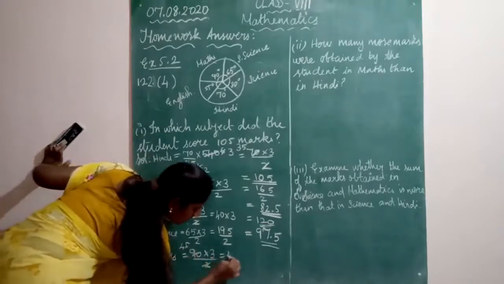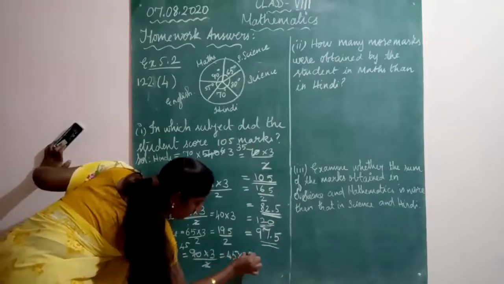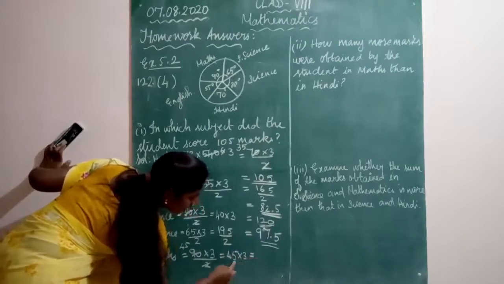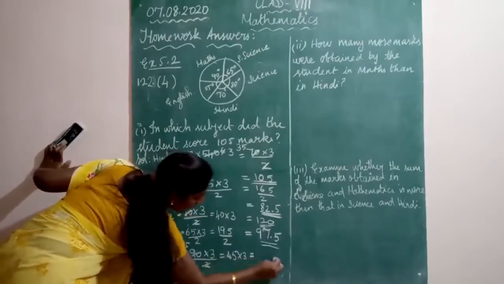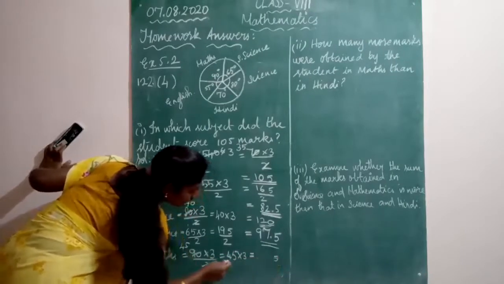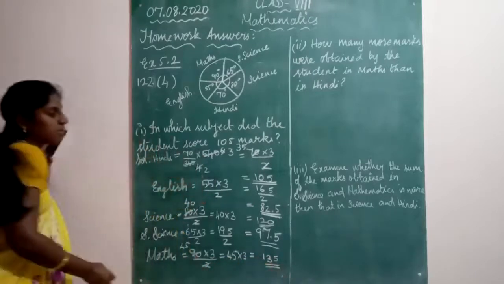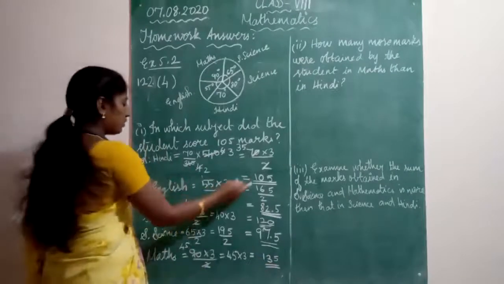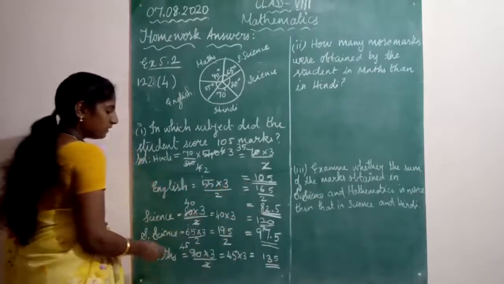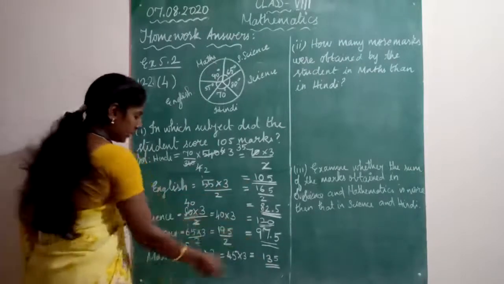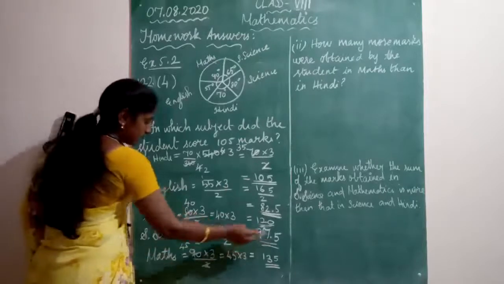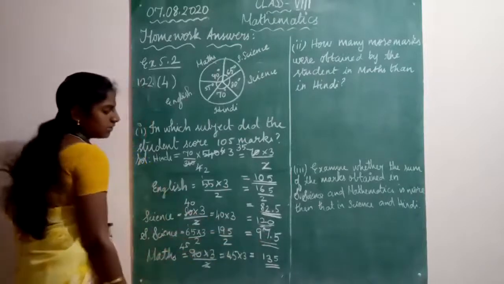So 45 into 3 will give you 3 5s are 15, 3 4s are 12, 12 plus 1 is 13, 135. So in Hindi his mark is 105, in English his mark is 82.5, in science his mark is 120, and in social science it is 97.5, in maths it is 135.